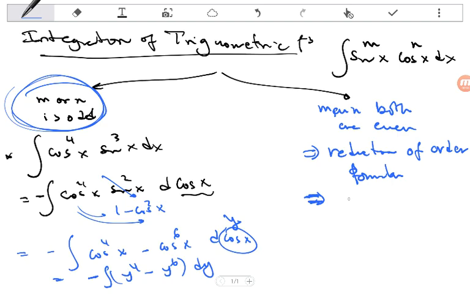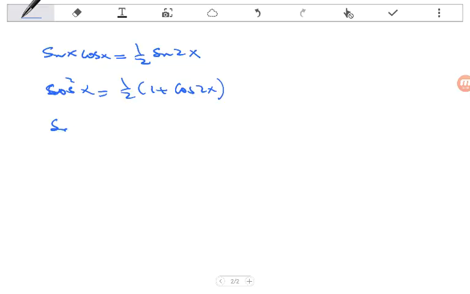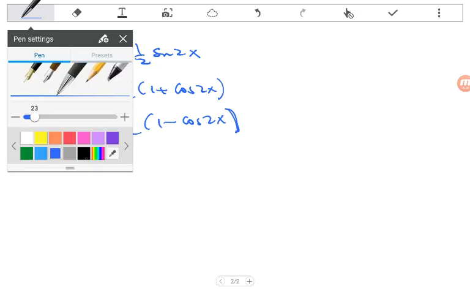which are the formulas for double angle. What are these? Sine x multiplied by cosine x is half sine double angle, and cosine squared x is half 1 plus cosine double angle, and sine squared x is half 1 minus cosine double angle. Okay, and this applies for any angle.